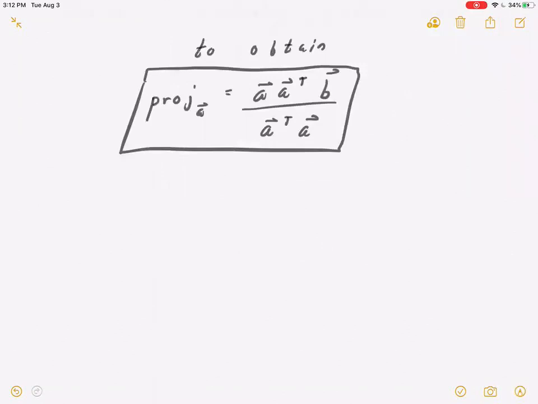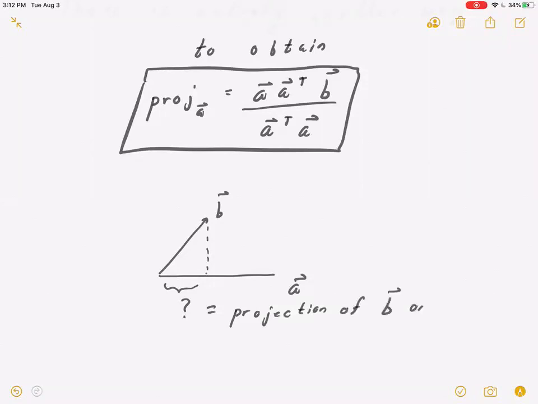So let's go back and look at our problem. The general problem is, if you have a vector A and a vector B, what is the projection of B onto A?